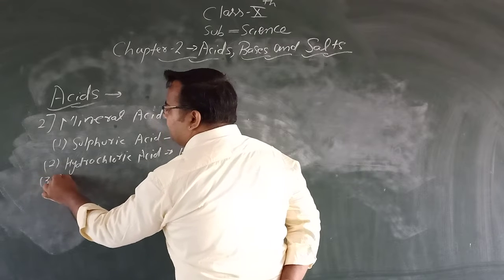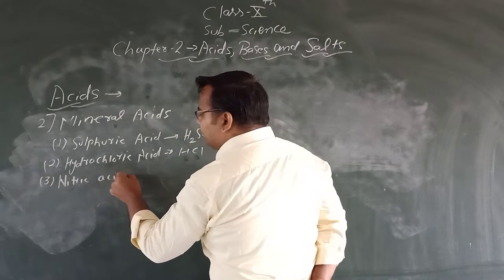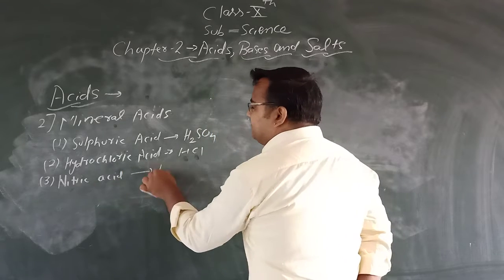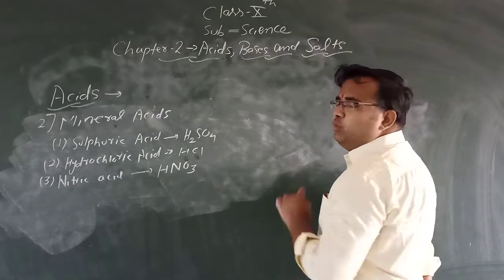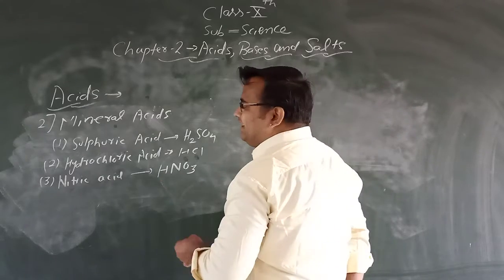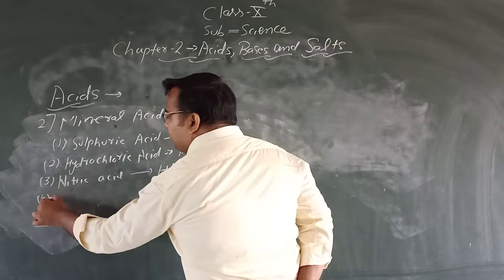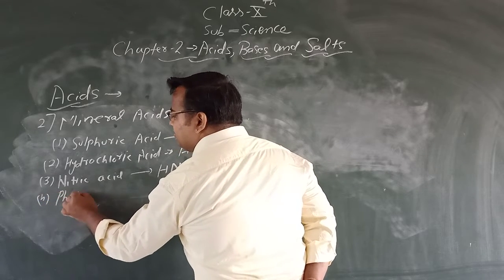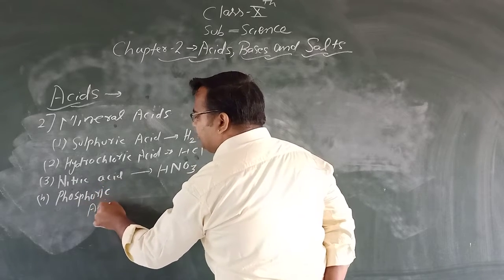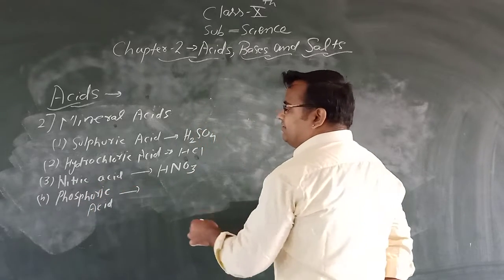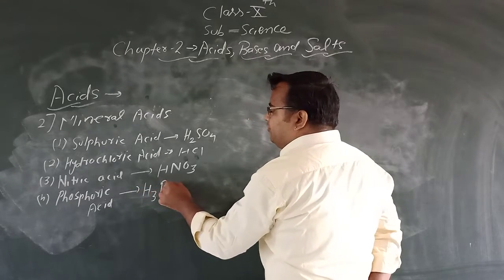Third is nitric acid. Nitric acid's formula is HNO3. Fourth is phosphoric acid, and the formula for phosphoric acid is H3PO4.